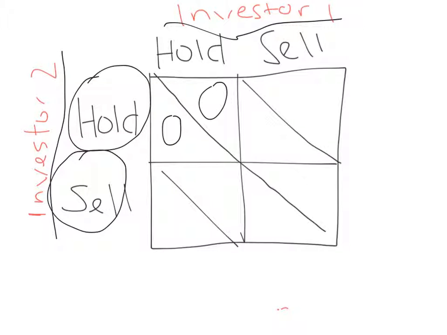If investor 1 decides to sell while investor 2 decides to hold, it would be 0, -1. If investor 1 decides to hold while investor 2 decides to sell, it would be -1, 0. And if they both decide to sell, it would be 0.5 and 0.5.